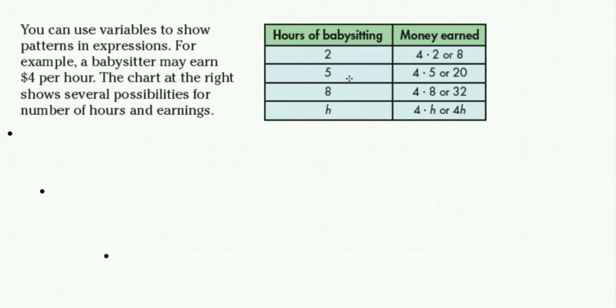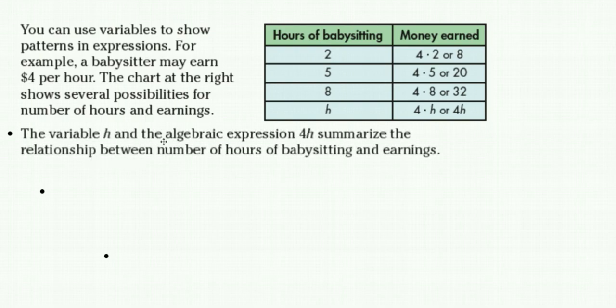If she babysat for 5 hours, $20, 8 hours, $32, and following the pattern, if she babysat for H hours, it'll be 4H. The expression would be 4H. Remember that the variable H and the algebraic expression 4H summarize the relationship between the number of hours of babysitting and earnings.